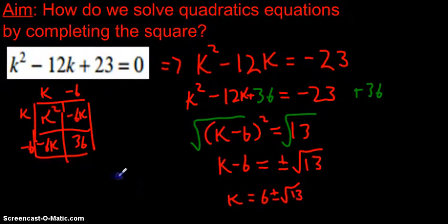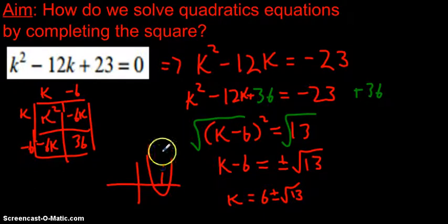So on a parabola you can think of that as this is the vertex. If you're looking at a parabola, the roots are the x-intercepts, so they're around here. This center point here, which is where the axis of symmetry is, this is 6, and plus radical 13 is over here, so this is 6 plus radical 13, and over here would be 6 minus radical 13.